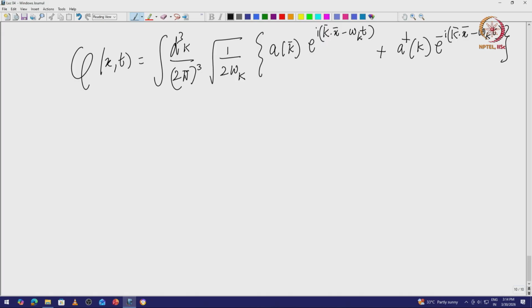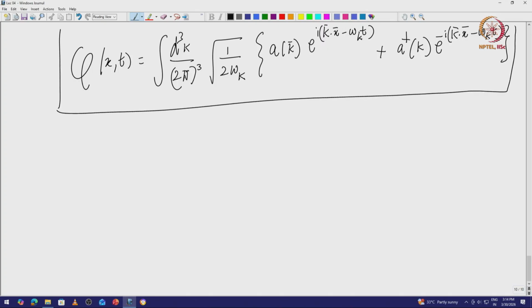Okay. So now I can change them. You can always write the second term into minus pi and everything, and you can express this entire thing. Okay. So this is the most fundamental step.